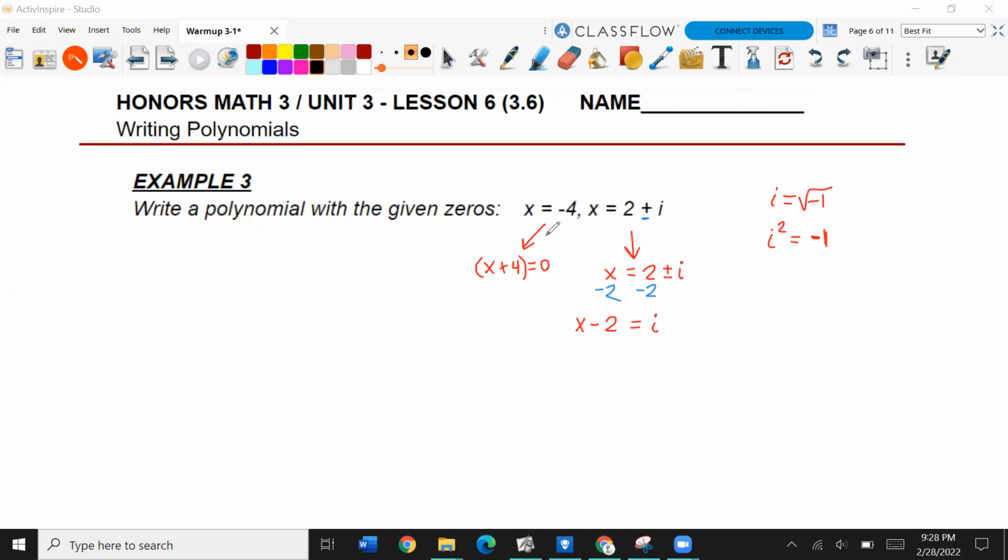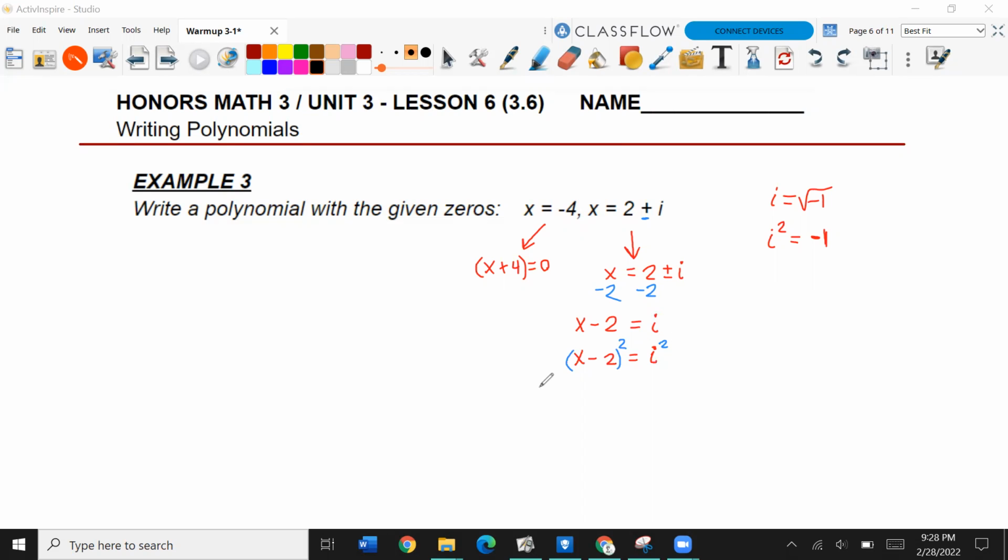Now, if I want to get rid of this i, what I have to realize is, well, i squared is -1. And if I do the same thing to both sides, that makes the equation valid. So if I square this i, then I would just have to square the x minus 2 to balance the equation out. So I want to do the same thing to both sides.